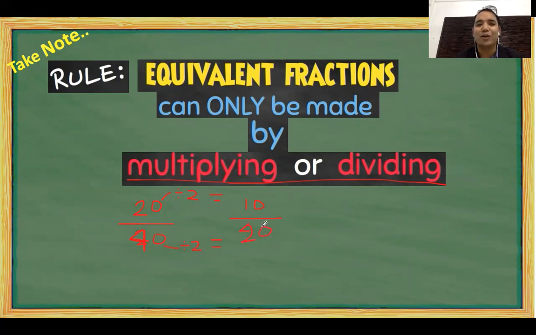So we are going to use only multiplication and division. As you can see, 20 divided by 2 is equal to 10. So if we multiply 10 times 2, it is equal to 20. And then 20 times 2, the answer is 40. So it means that we cannot use addition. We cannot use subtraction.